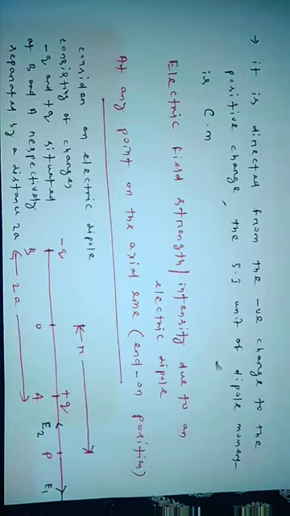Okay. So consider an electric dipole consisting of charges minus Q and plus Q, situated at B and A respectively, separated by a distance 2A. Okay.